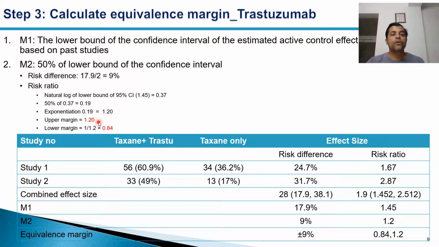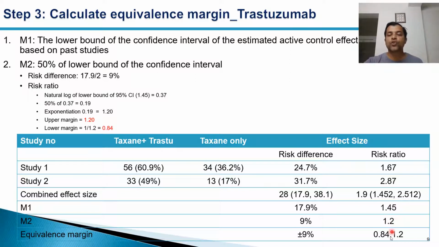Sorry, upper margin. And 1 divided by 1.2 is 0.84, so it becomes your lower bound. Once you have this M2 of 1.2, the next step is to calculate the entire margin.